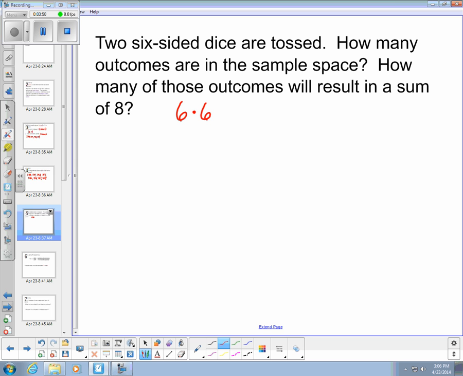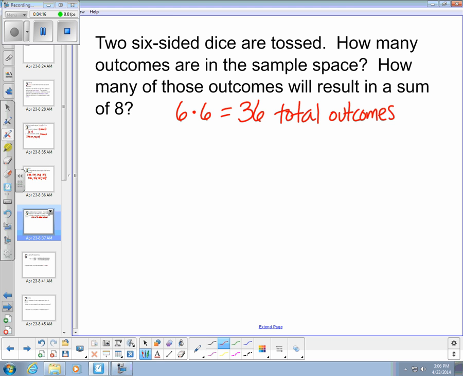So if I multiply those together, I'm going to get 36 total outcomes. And again, we're not going to list the sample space here just because of time, but I could write down the elements of the sample space and I should have 36 entries. For example, the first die could land on 1 and the second one on 6. You can have a 1-5, a 5-1, so you would end up with 36 possibilities.